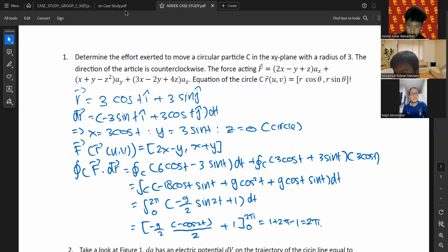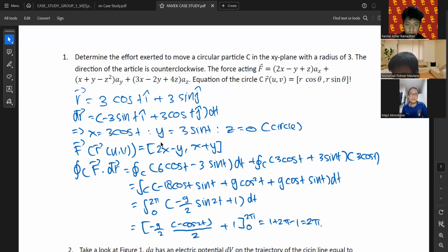Equals the integral from 0 to 2 pi of negative 9 over 2 sine 2t plus 1, equals negative 9 over 2 times negative cosine 2t over 2 plus 1, from 0 to 2 pi, equals 1 plus 2 pi minus 1, equals 2 pi, which is the final answer.